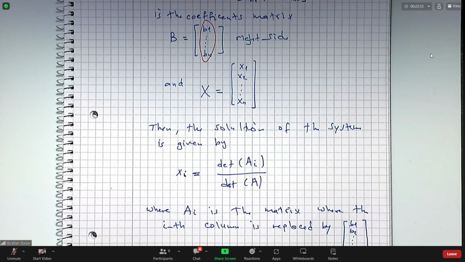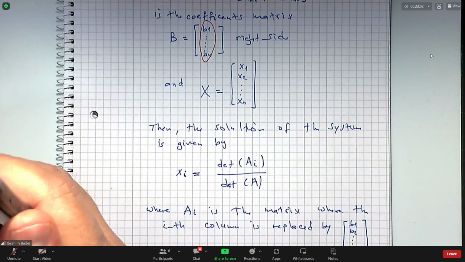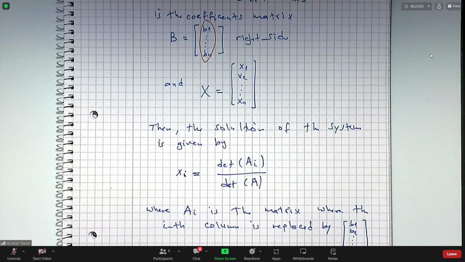For instance, if you are an engineer and you have a system of equations that involve different variables, and you are only interested in the value of one variable, you can solve for this particular variable. No need to solve for all the other variables. This is one of the advantages of using this method.